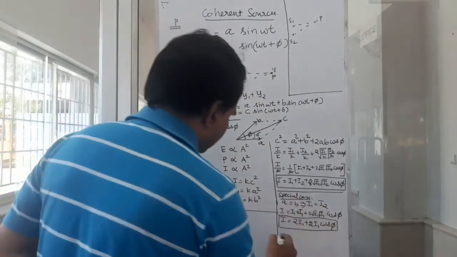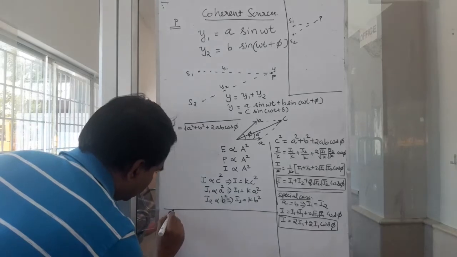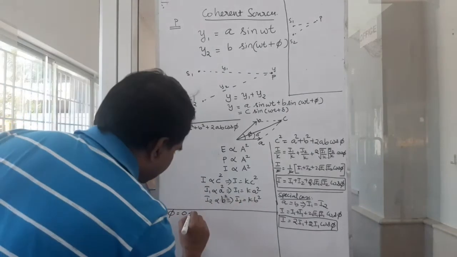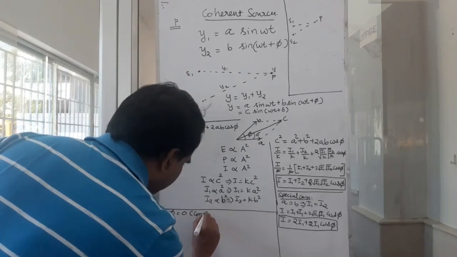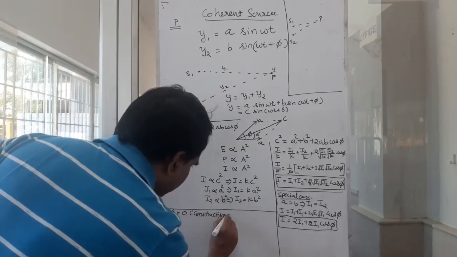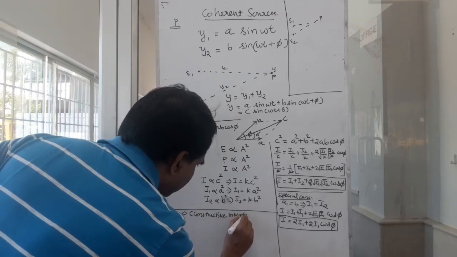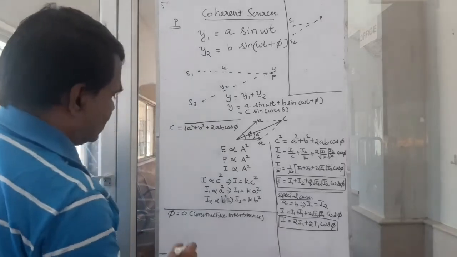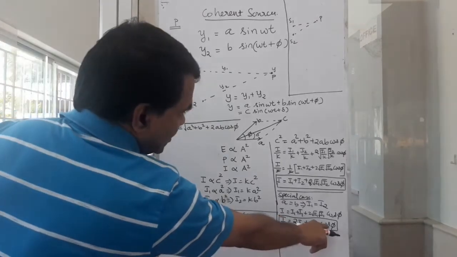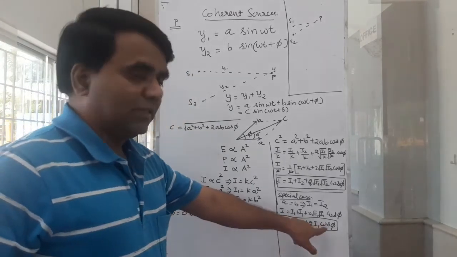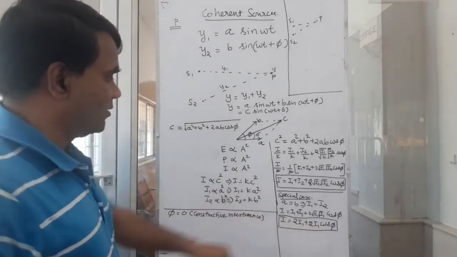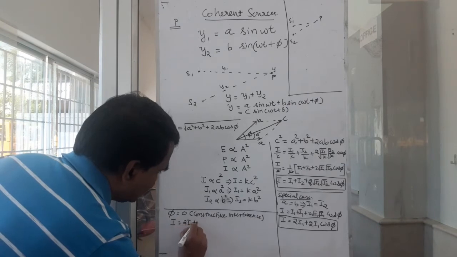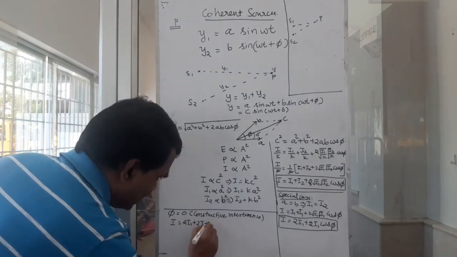If phi is 0, at all points where phi is equal to 0, constructive interference, at these points cos 0 becomes 1. So this equation becomes I is equal to 2I1 plus 2I1 into 1.